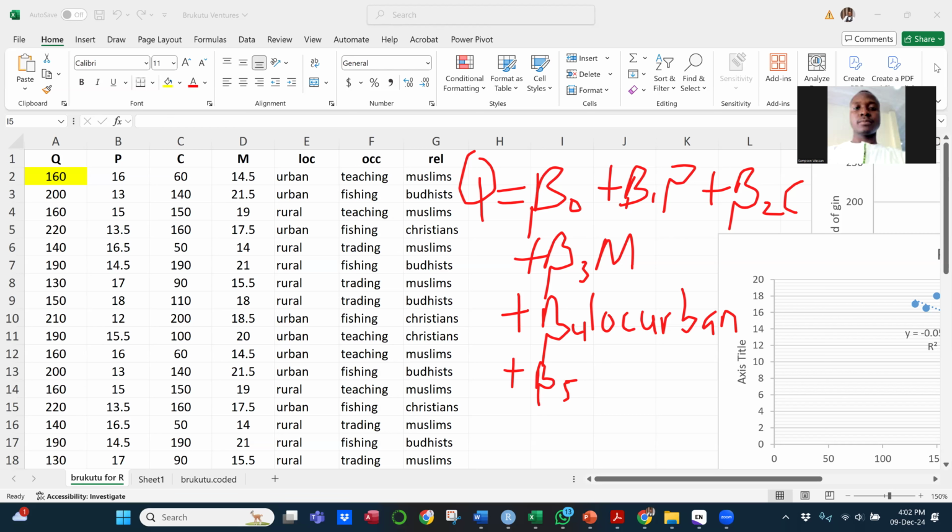So when you are writing beta 5, you start with occupation teaching. You have to keep at the back of your mind which one you are going to consider as the reference category. The reference category is always one of the levels that you decide to choose.